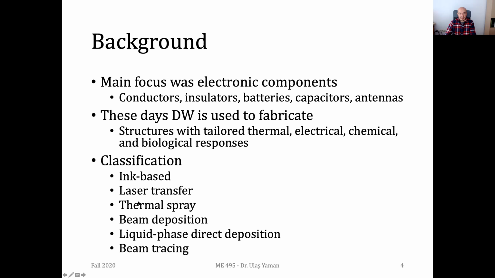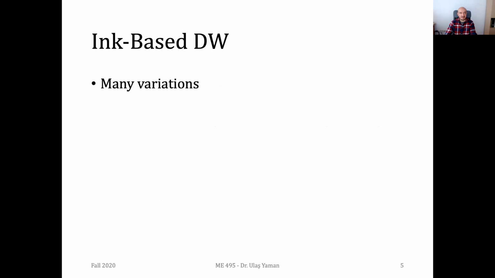Then we have laser transfer, where with the help of a laser we transfer some material onto the substrate or onto the layers. Or we may use thermal spray, where materials are deposited by spraying. Or we may use beam deposition, liquid phase direct deposition, and lastly, an ion beam tracing method to produce such smaller parts having very little features.